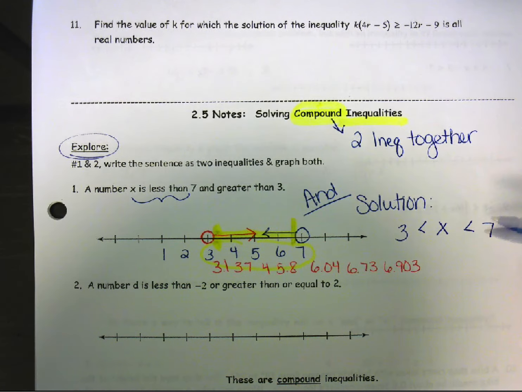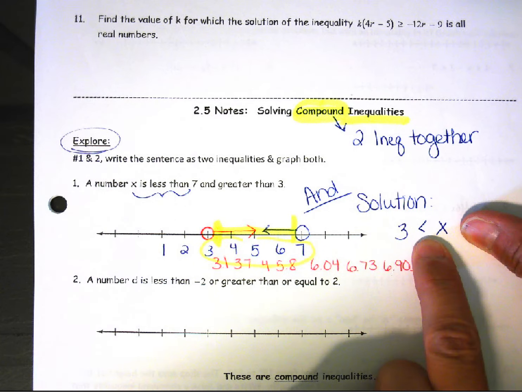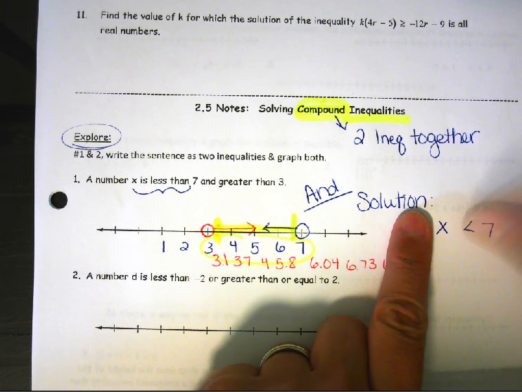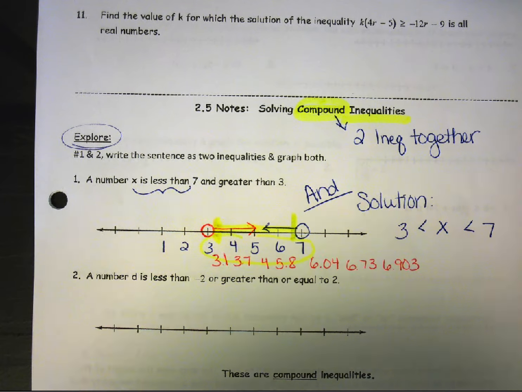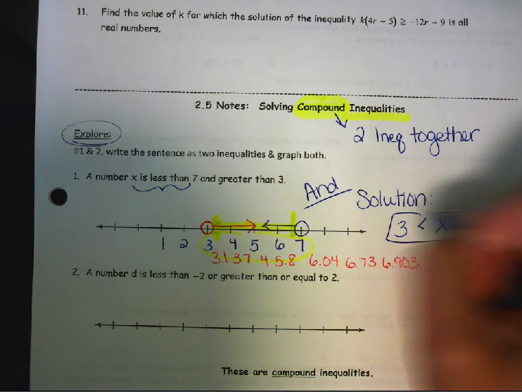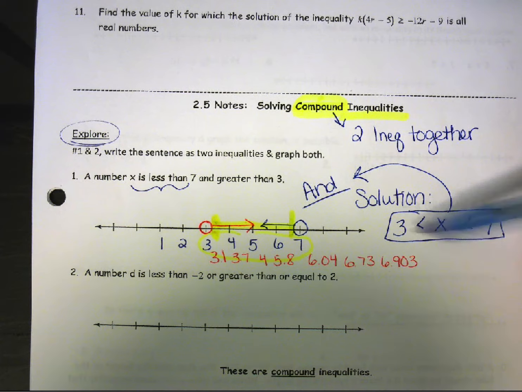If we always stay in this format, low, high, in the middle, your symbols will point to the left. Because what this is really saying is x is greater than 3, and then if I cover this one, x is less than 7. So this is what an AND compound looks like, where you have it in the middle.